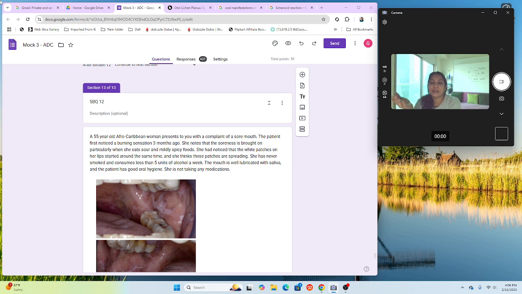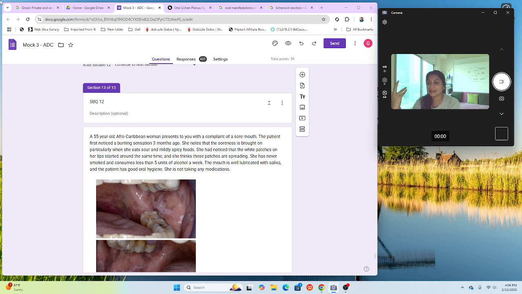See, each line given in the question is very important. It's either presenting you with a feature or it's excluding a lot of features, thereby letting you go to a proper diagnosis. So don't think, okay, she's not taking any medicine, why is this being stated here? Very important, because that means it cannot be a lichenoid reaction.